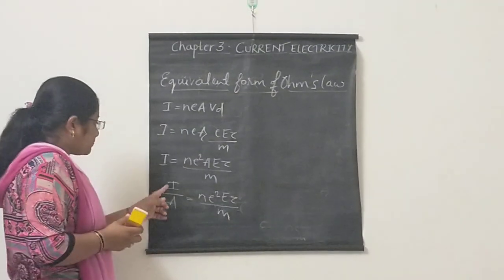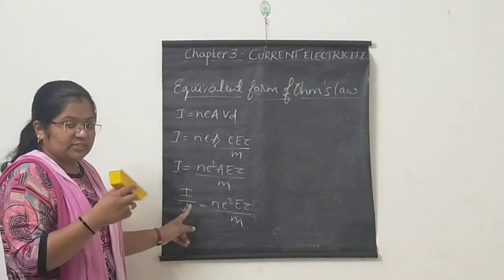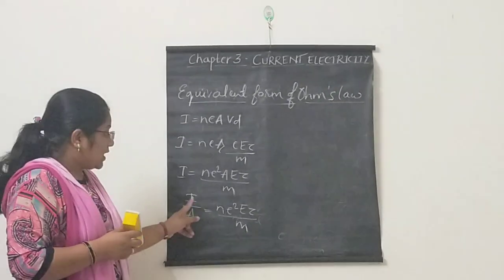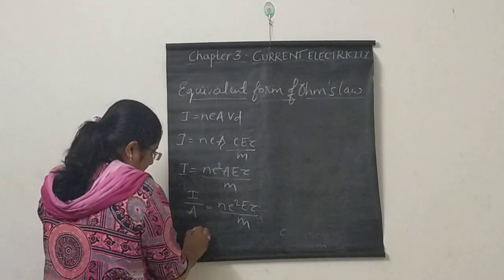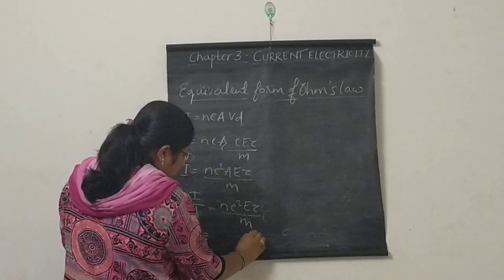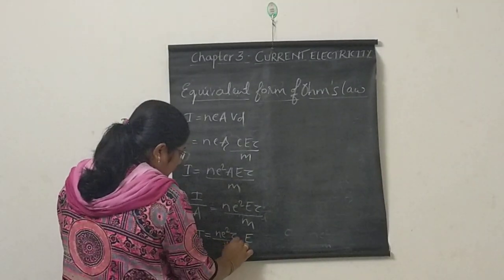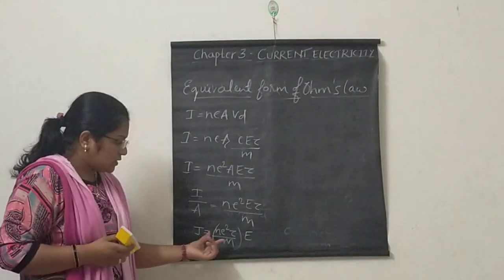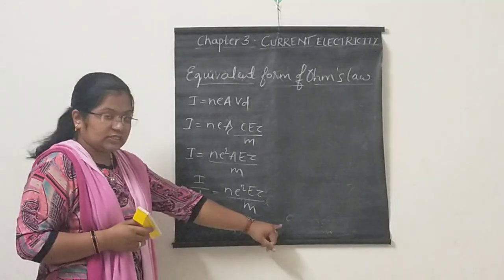This ratio I by A we have studied in the first definition: that's nothing but current density J. And I'll keep this E on the other side: n e square tau divided by m. So what is this? Conductivity. We have just derived that.